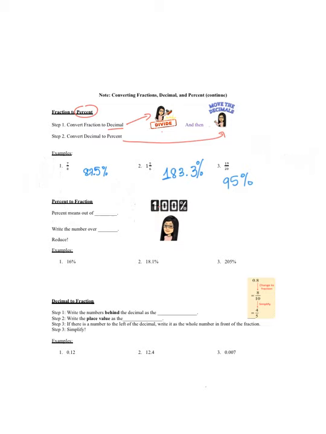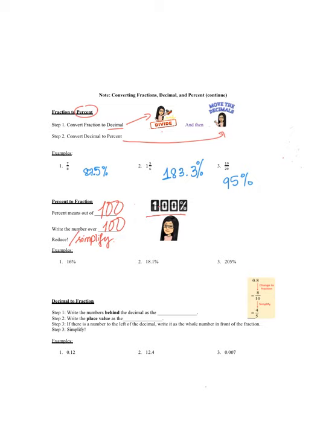Okay, next we're gonna learn how to convert percent to fraction. Percent means out of 100. So you write the number over 100 and make sure you reduce it or simplify it.